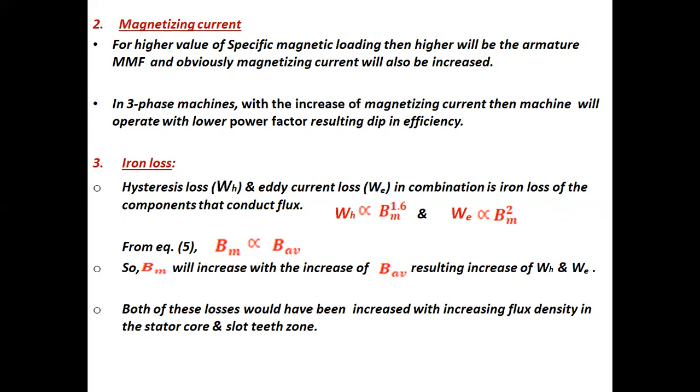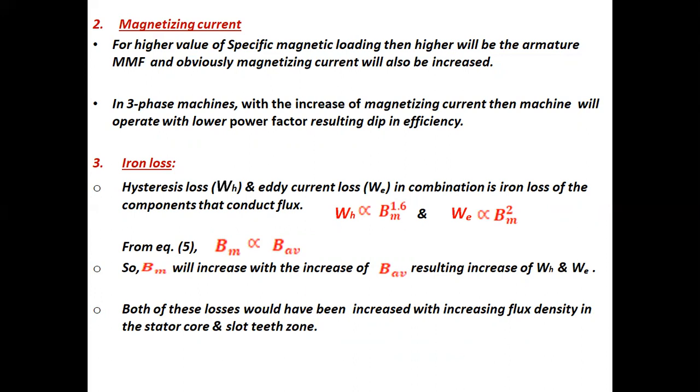Number 3, iron loss. Hysteresis loss and eddy current loss in combination is the iron loss of the components that conduct flux. Hysteresis loss is directly proportional to Bm to the power 1.6, and eddy current loss We is directly proportional to Bm square.